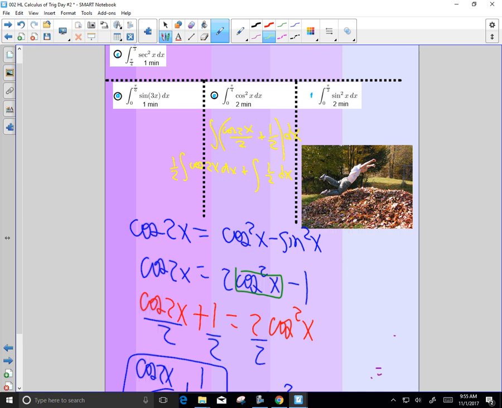And if u is 2x, I'm going to need a 2 here and pull out a 1/2. So I'm going to get 1/4 sine 2x plus 1/2 x going from, what is it, 0 to pi over 4?